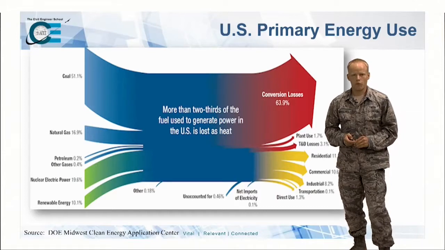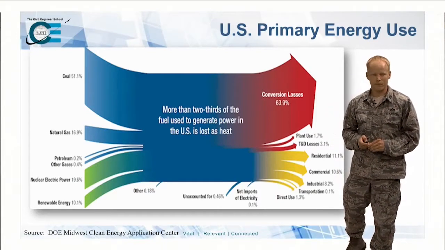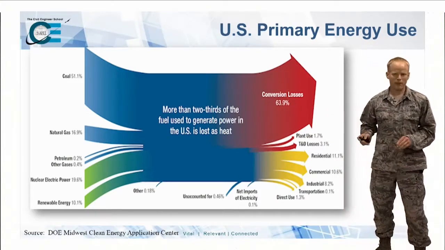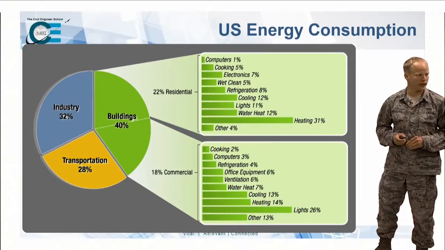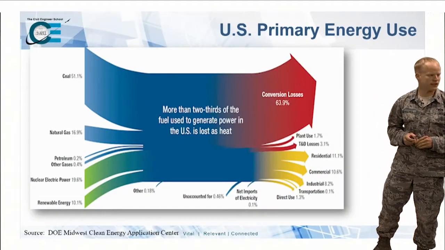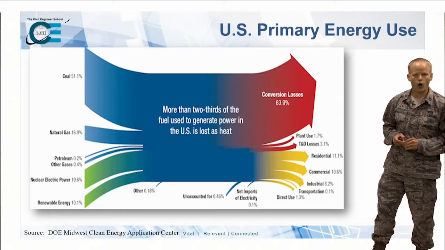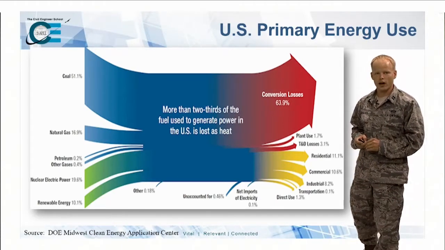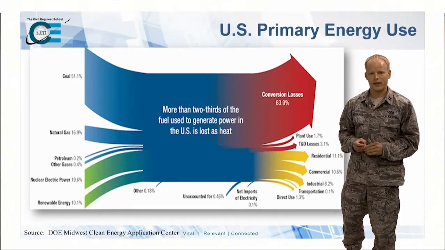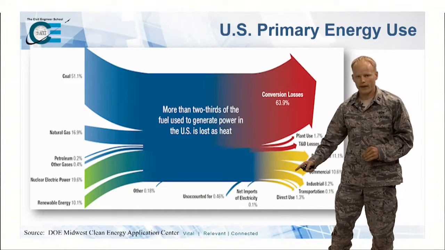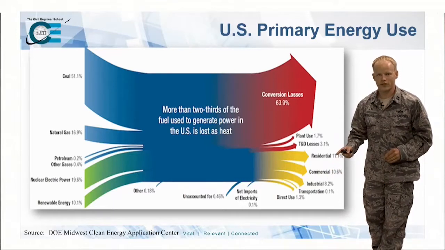So let's look at then, where is this energy coming from? So remember that last slide, where we have lighting, heating, cooling. And then where is this energy coming from? So we have coal, natural gas, our largest energy producing means. And then over here, we have commercial, residential.